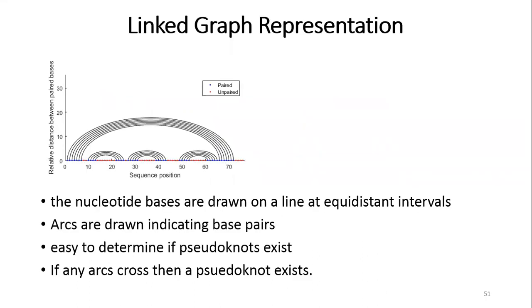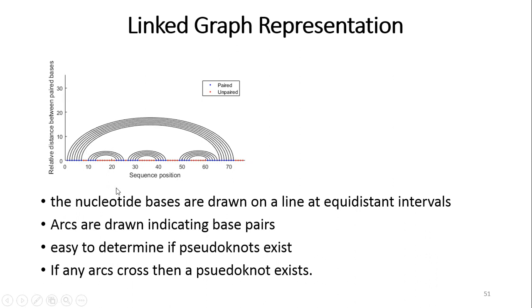Okay, then came something called link graph representation. In this link graph representation, the nucleotide bases are drawn on a line at equidistant intervals on the x-axis. Now arcs are drawn that indicate the base pairing. For example, this particular residue is getting paired up with this particular residue.